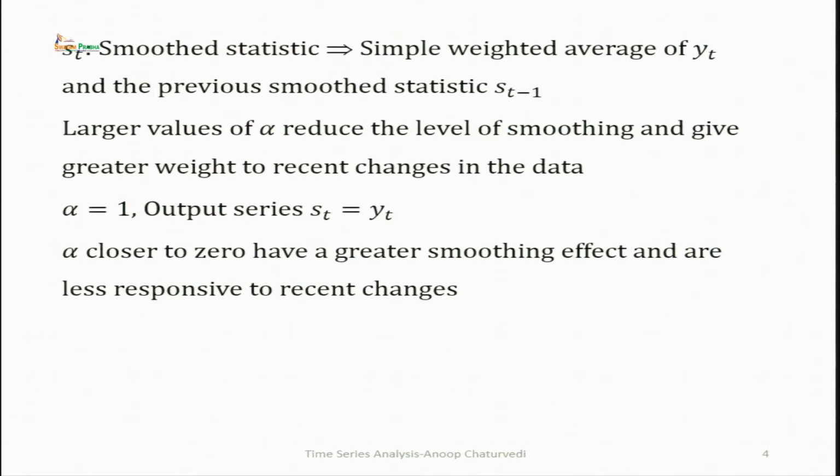For instance, if you take the extreme case alpha equal to 1, then your output series is s_t equal to y_t, which is the original time series. So, there is no smoothing for alpha equal to 1. On the other hand, if you take alpha close to 0, then it has a greater smoothing effect.